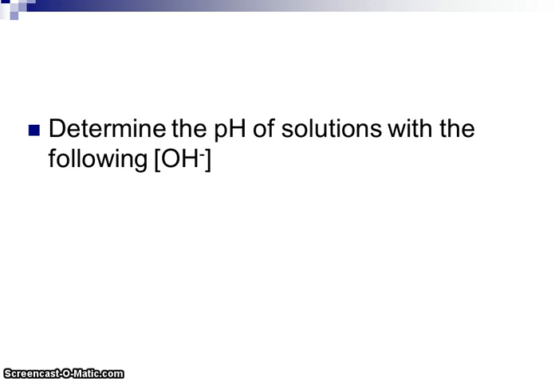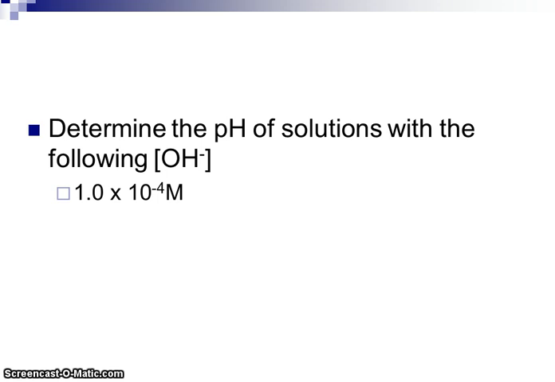Now, we can combine some of these steps together. Let's say we wanted to find the pH of a solution that has a hydroxide ion concentration of 1.0 times 10 to the minus 4. There's actually two ways we could do this. We could take the negative log of the hydroxide ion concentration, which will give us the pOH, subtract it from 14, and that will give us our pH.